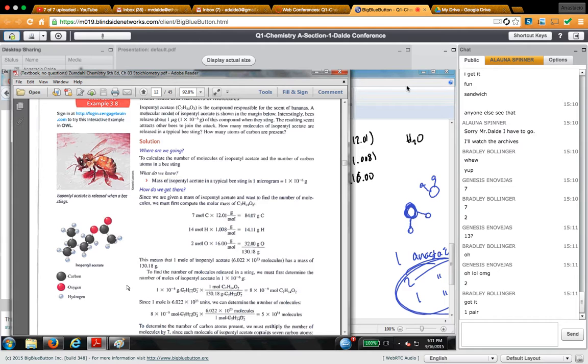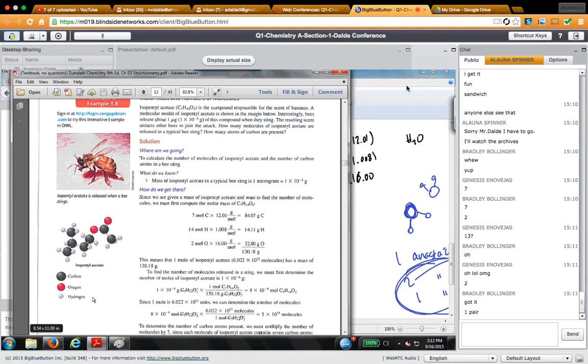I copy and paste, and I just have 2 models, so I'd have one pair, which consists of how many pairs of carbon? 7 pairs of carbon, because that would be 14 carbons altogether, and so there would be 7 pairs.